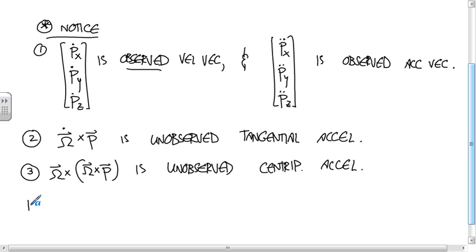And then last is the term 2 times omega cross the observed velocity or the apparent velocity, which is the components dotted.